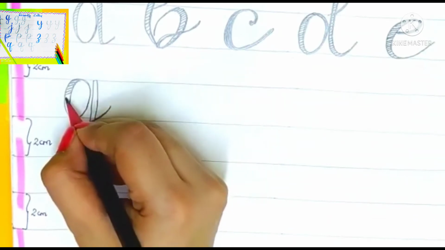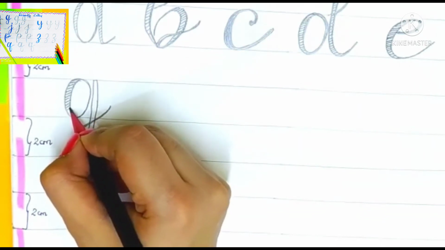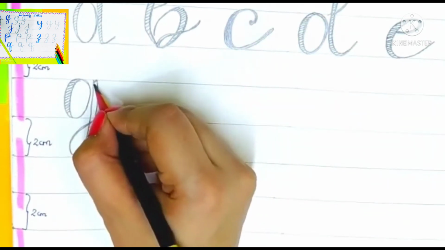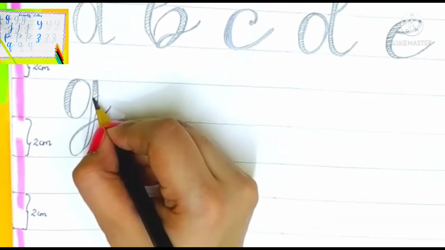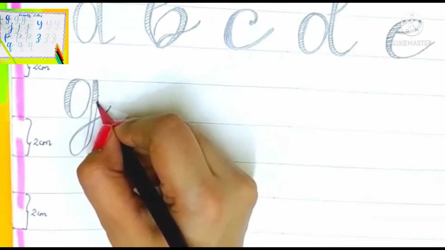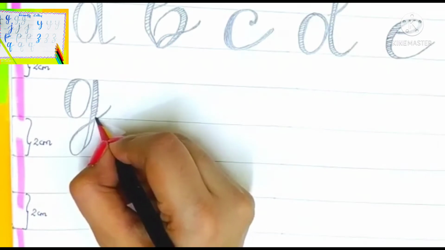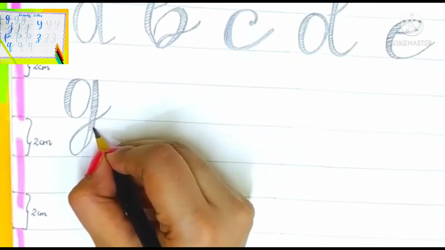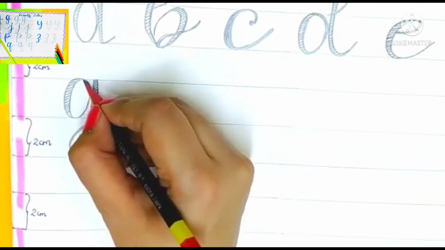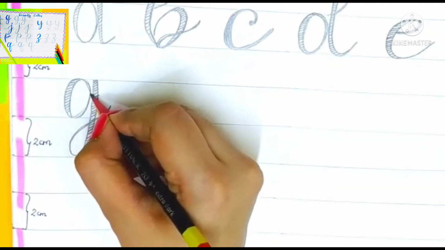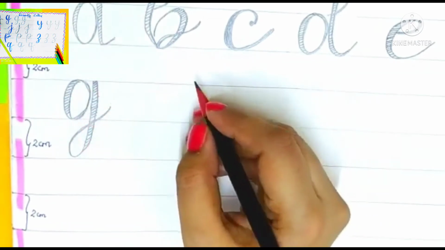After making the downward loop, just fill the strokes, and by this your G is complete. Please see to it that your strokes are really very clean. You keep your strokes very clean, right? Like this. Just cover it off. Okay. Never let this happen.